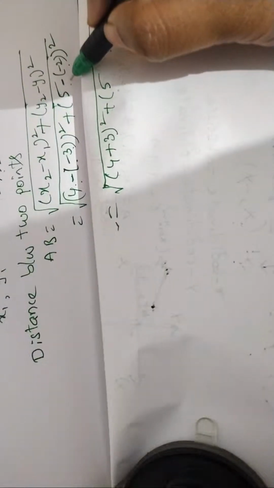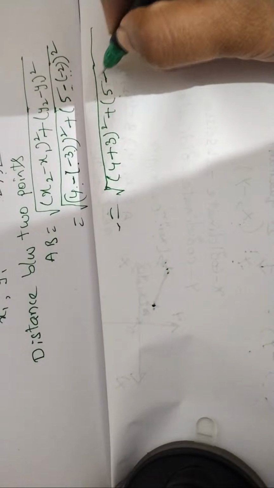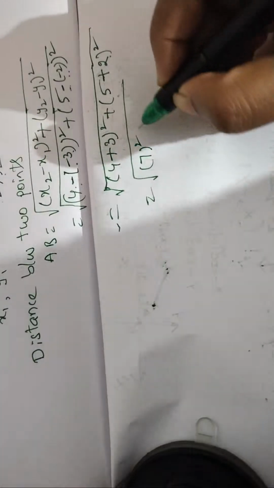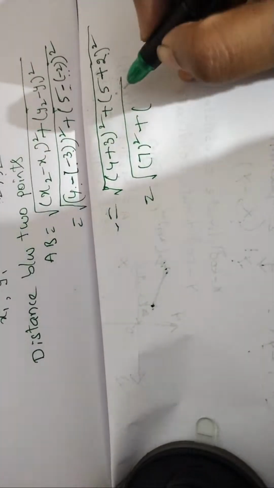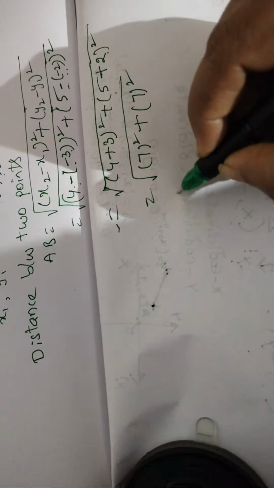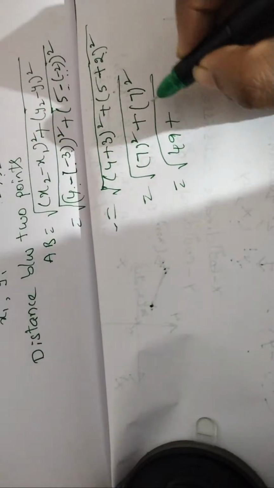Open the bracket, we get plus 2 whole square. Now 4 plus 3 is 7 square, plus 5 plus 2 is 7 square. Now 7 square means 49 plus 7 square again 49.